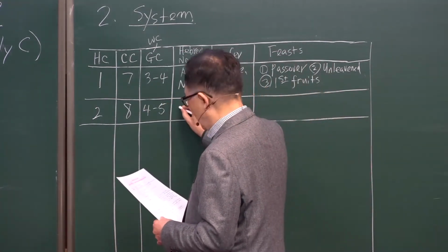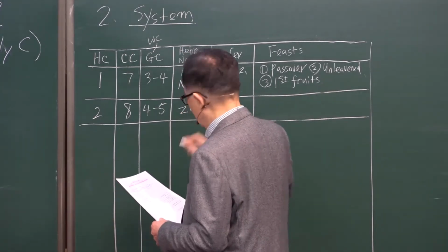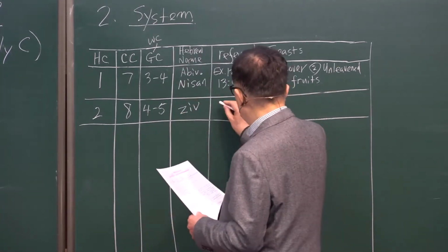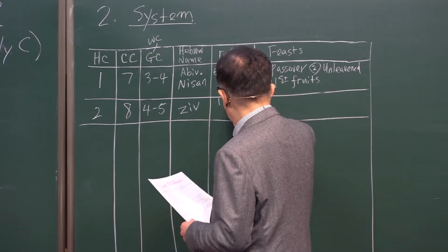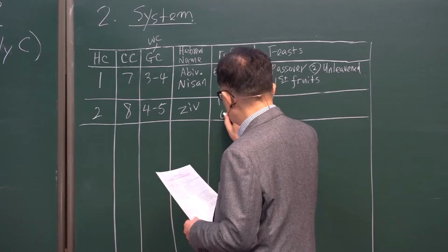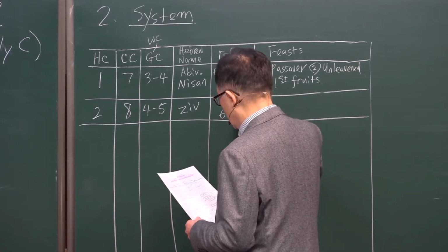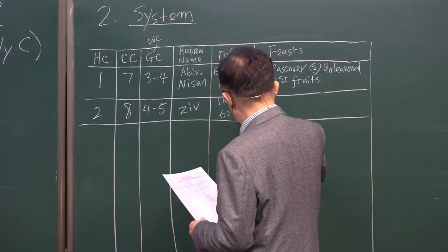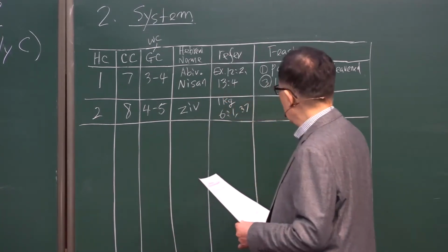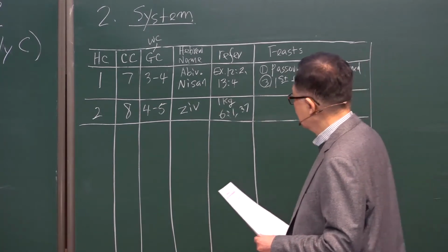In Hebrew name, we call it Jib. And First Kings 6:1 or 37. There's no feast here.